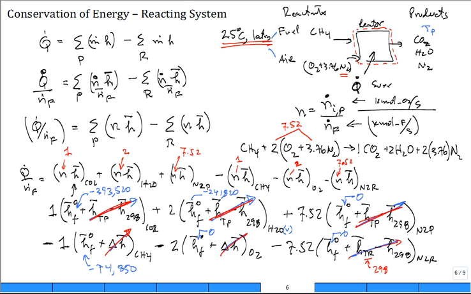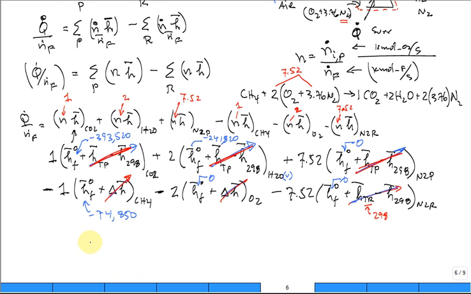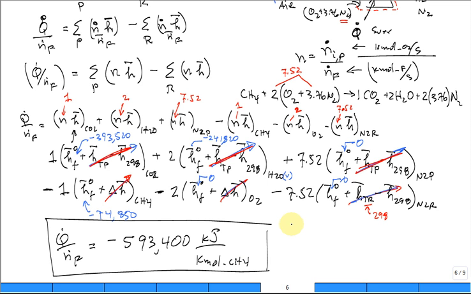And we then can calculate Q dot over N dot F, and it's negative 593,400 kilojoules per kilomole of CH4. So I know the sign is correct in that it's not into the box, but it's out of the box, out of the reactor, but it's a large magnitude.